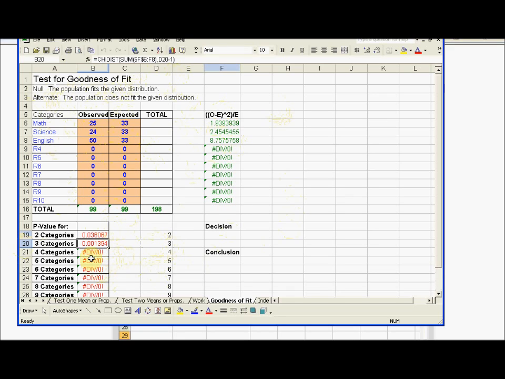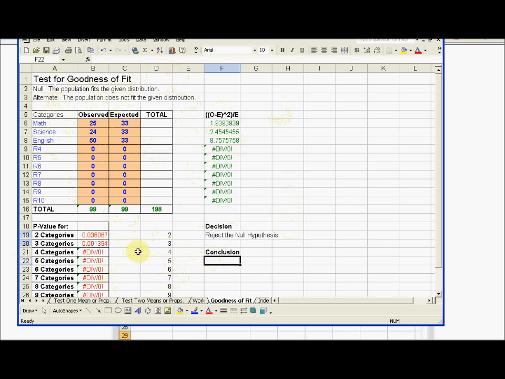Well, just like any other hypothesis test, a very low p-value means that we reject the null. And that is a very low p-value. A lot of times you're going to be comparing it to some alpha of 0.05. That is a significance level of 0.05. But regardless, this is a low p-value, so we will reject the null hypothesis.